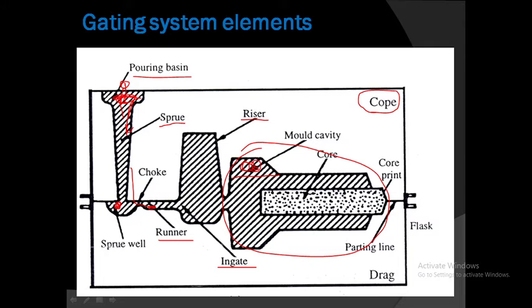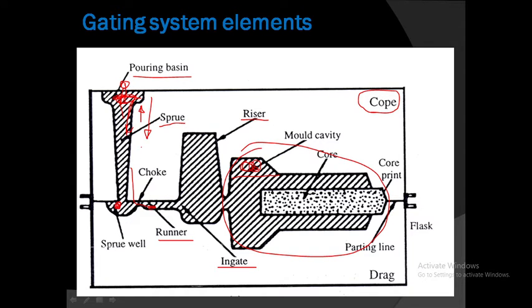The sprue should be tapered, with the large end upward. As the molten metal flows from the top of the cope to the level of the gate, it gains velocity, so it requires a smaller cross-sectional area at the bottom to allow the same quantity of metal to flow.